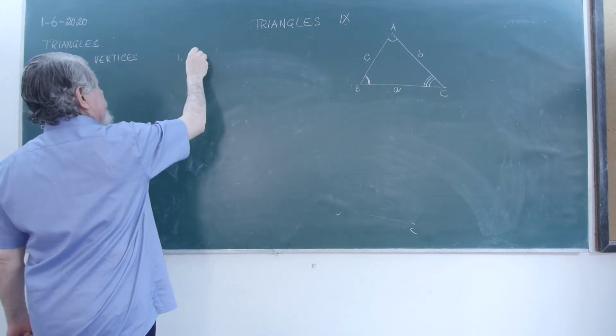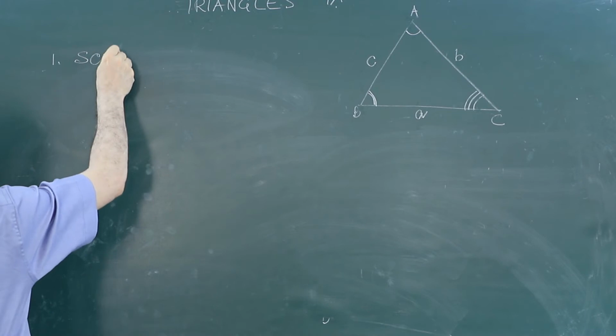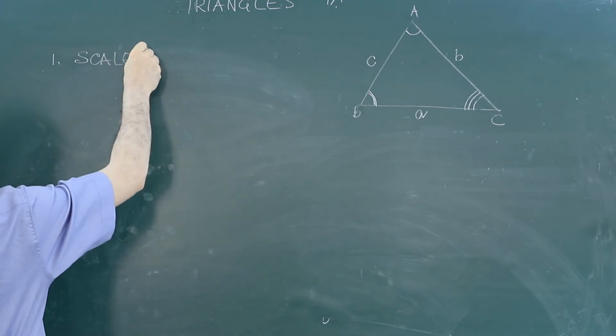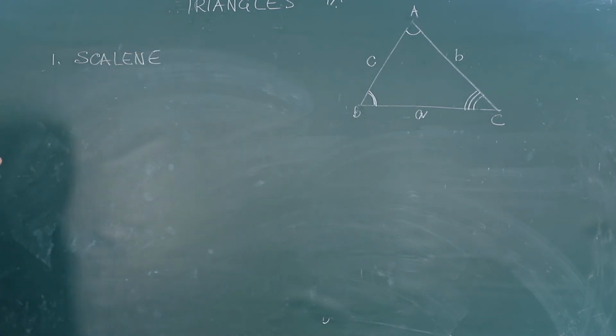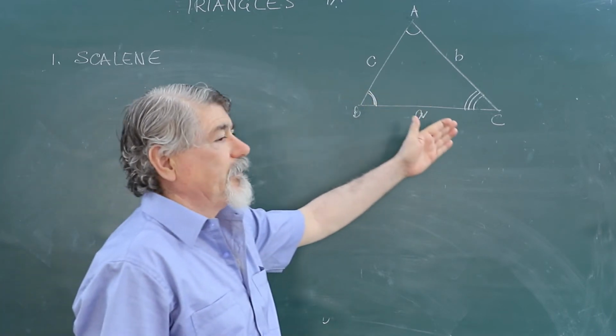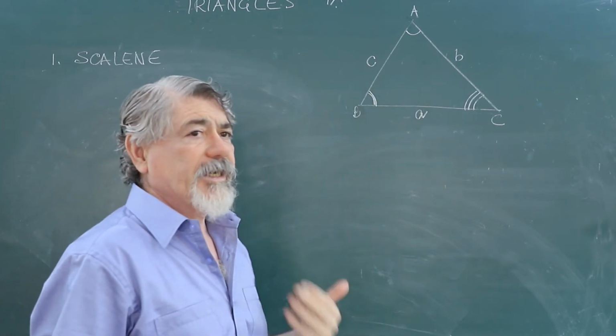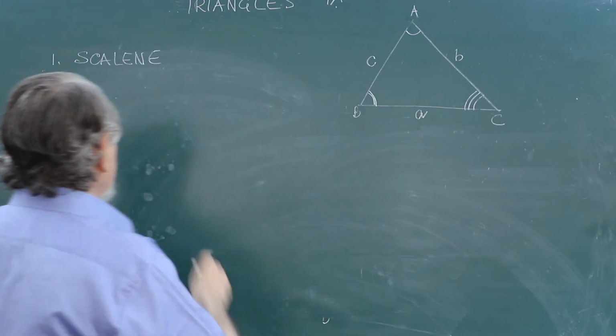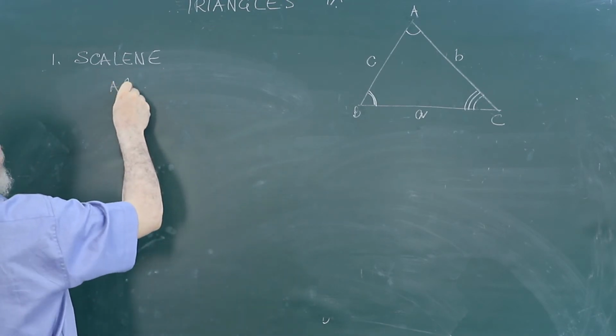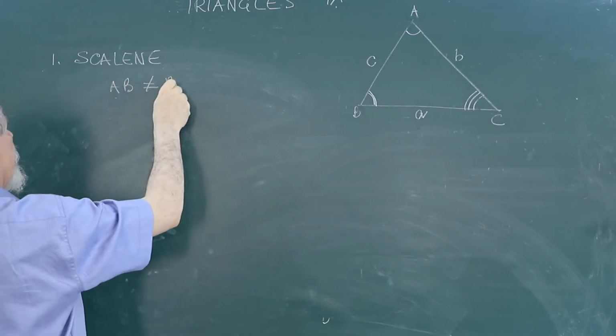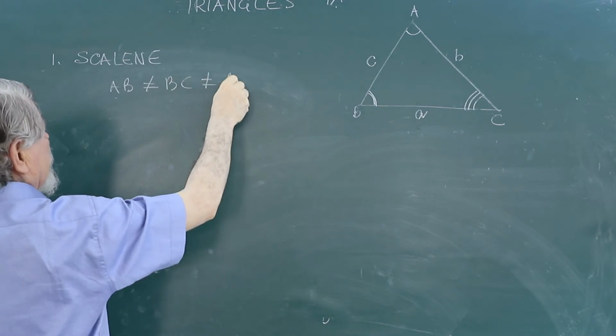First is the scalene triangle. Now suppose triangle ABC is there. In what conditions will triangle ABC be scalene? If all the three sides are different, AB is not equal to BC is not equal to AC.